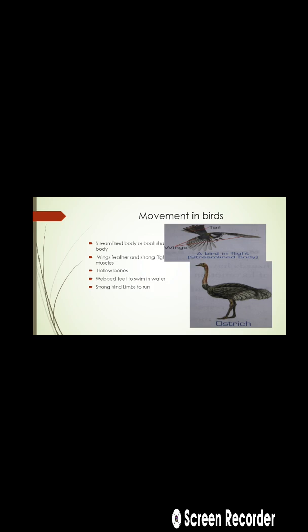They walk with the help of their hind limbs. Such as the ostrich, which has a very heavy body and cannot fly, but it has developed other features. The ostrich can run very fast using its strong hind limbs.